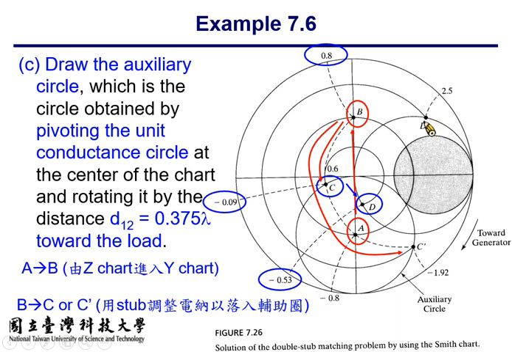Okay, you can see here, D prime is on the constant unit conductance circle. The conductance is 1 and the susceptance is 2.5. 1 plus j2.5 for position D prime.